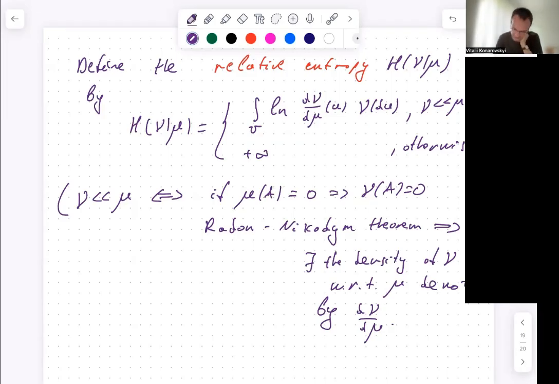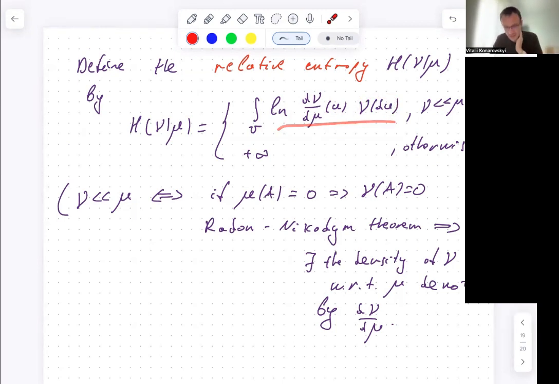So you just take the density and put it in a logarithm. That object is well defined because, okay, it can happen that somewhere the density is equal to 0. But if the density is equal to 0, then also that measure is equal to 0. Therefore, you don't actually integrate with respect to those points which are equal to 0.